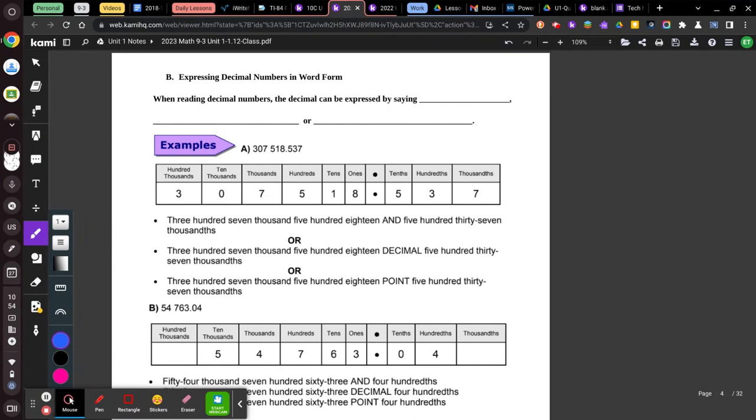When we read decimals, the decimal can be expressed by saying decimal, point, or and. The minute you put the word and in a sentence, it means a decimal point. So if I say 5 and 6/10, that means 5 and 6 tenths. That's what it's telling you the minute you use the word and.